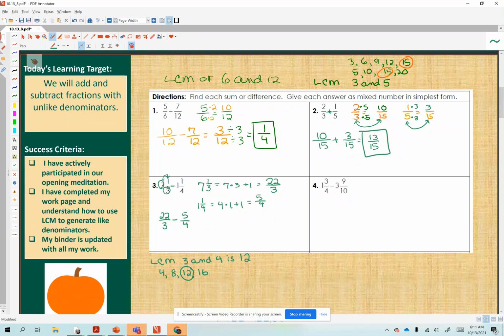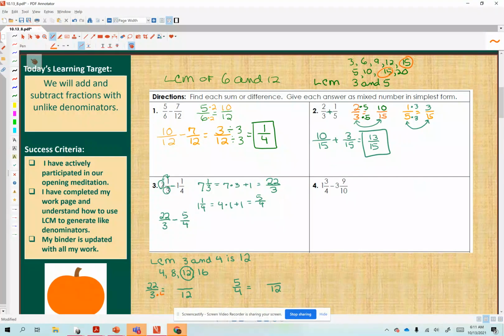That means I'm going to convert 22/3 to 12ths, and I'm also going to convert 5/4 to 12ths. So let's change our color so we can see our work clearly.